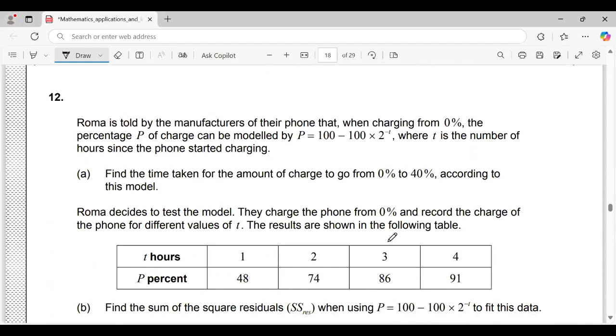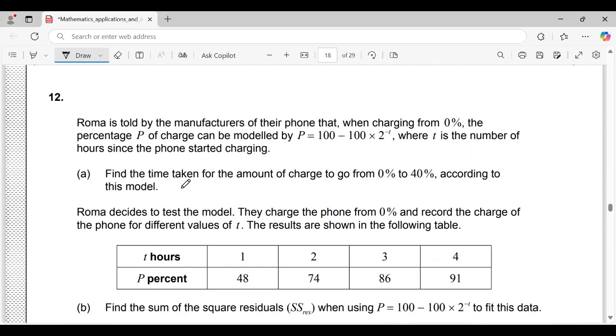Number 12. Roma is told by the manufacturers of their phone that when charging from 0% to percentage P of charge can be modeled by P equals 100 minus 100 times 2 to the power minus T, where T is the number of hours since the phone started charging.